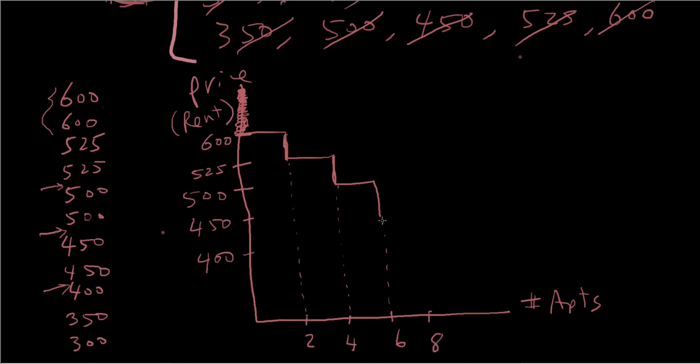At 350, 1 more, so 9. Between 300 and 350, 1 more, 10. And if the price falls below 300, all 11 people.